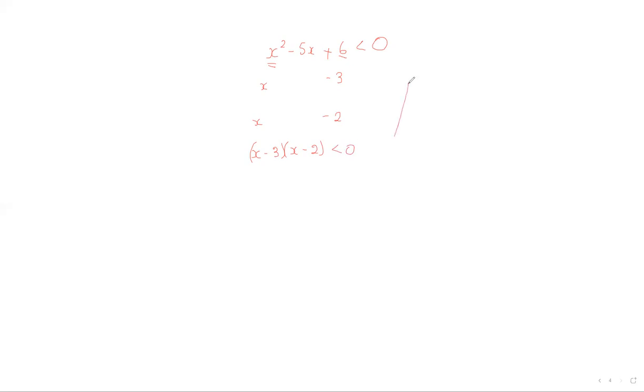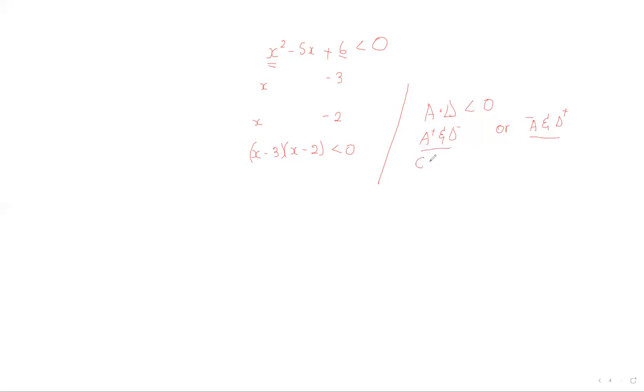When we multiply a by d and it's negative, either a is positive while d is negative, because positive multiplied by negative is negative, which is less than 0. Or the second case will be a negative and d positive. Negative multiplied by positive is negative.